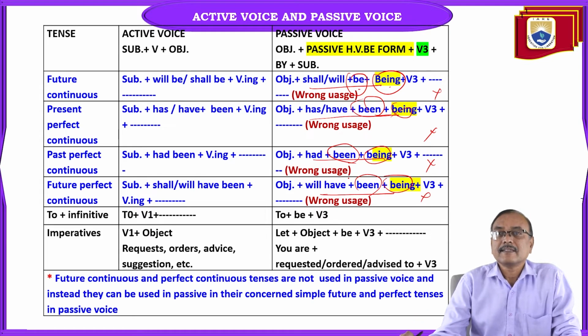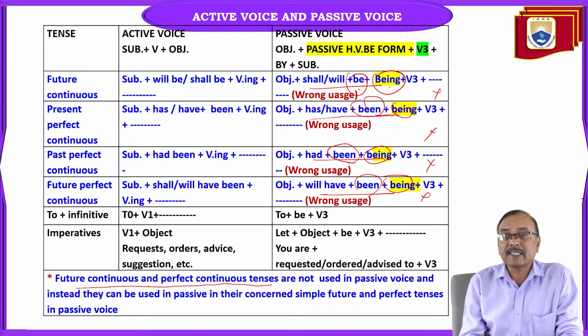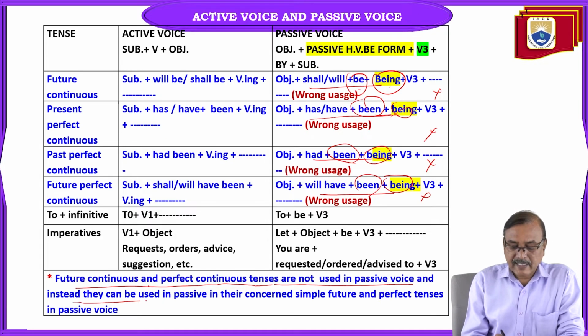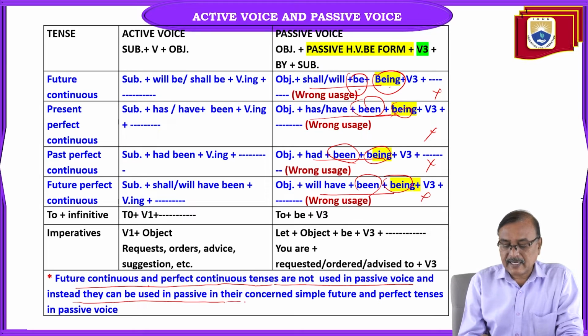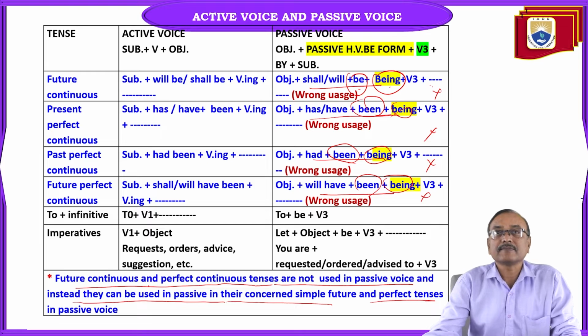Is it clear? See this. Future continuous and perfect continuous tenses are not used in passive voice. And instead, they can be used in passive voice in their concerned simple future or perfect tenses. Instead of using future continuous in passive voice, you can use simple future.